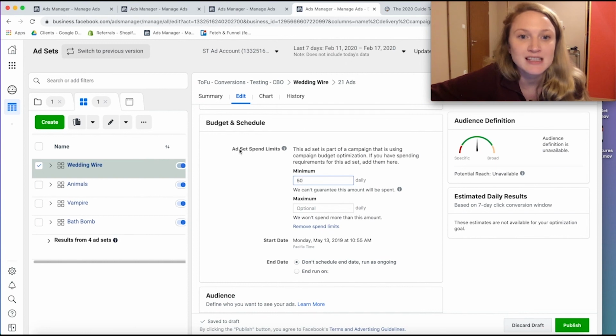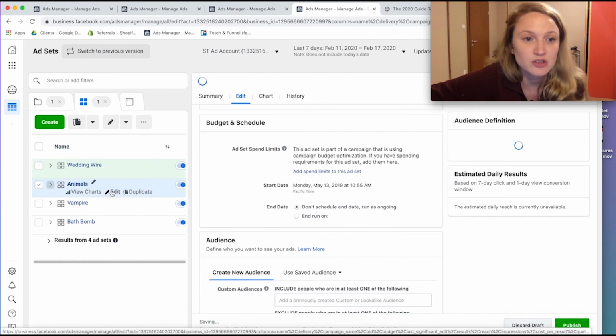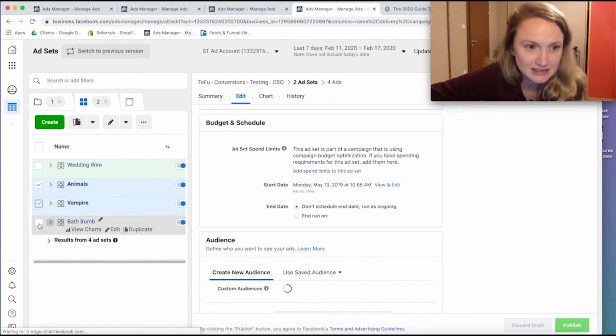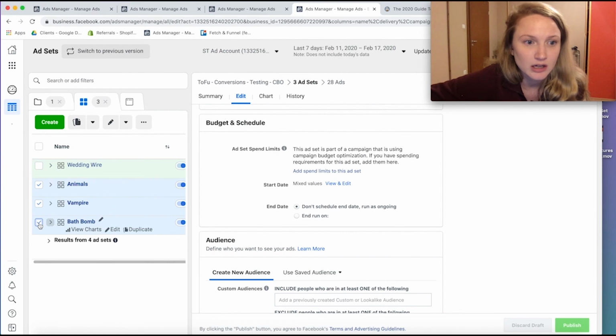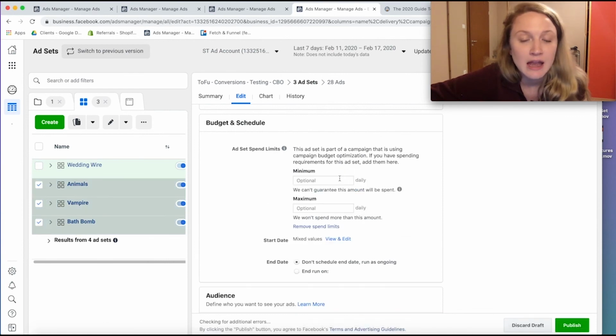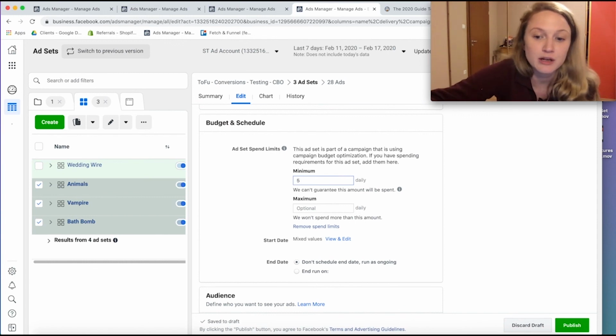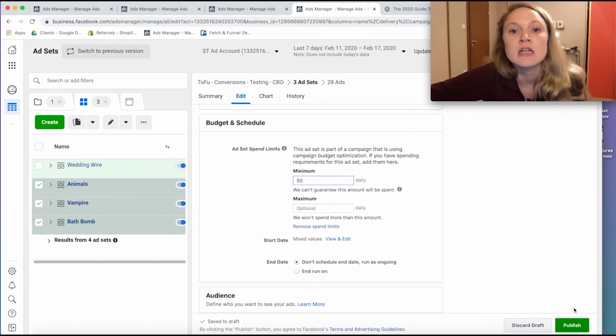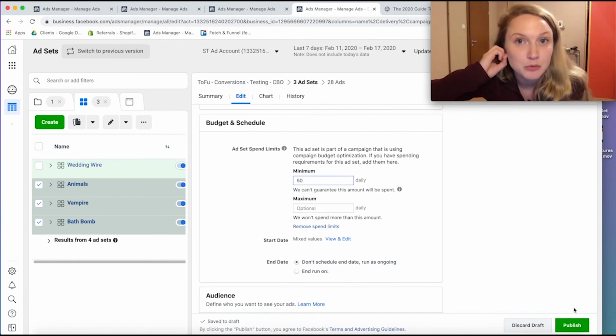So I would set that ad set limit here, and I would also set that across all the rest of these ad sets. So we can go ahead and select all and then make sure that we're putting $50 into the minimum so that they all have a minimum spend.